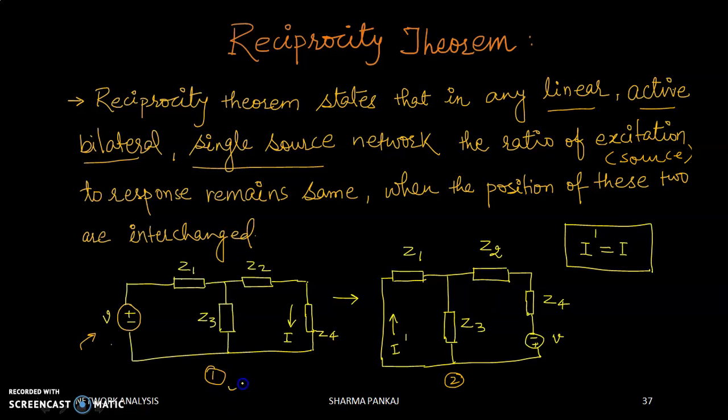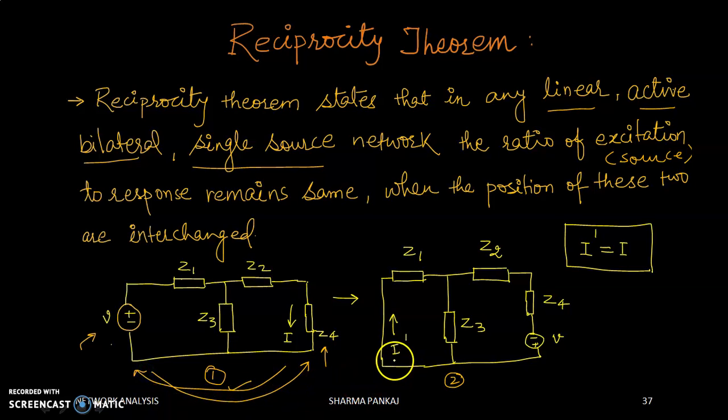Initially in circuit diagram 1, I is the current response flowing across Z4, and V is connected in loop number 1. Now we are going to interchange this from here and this from here.